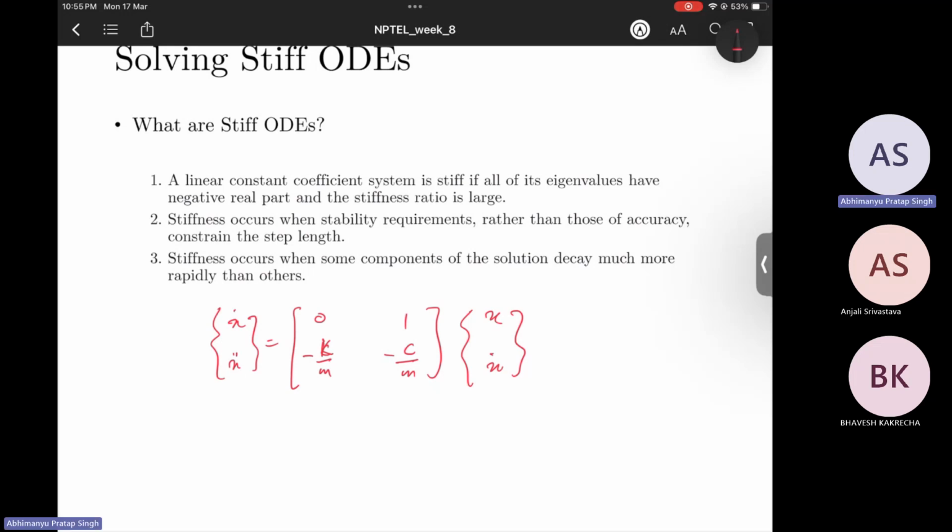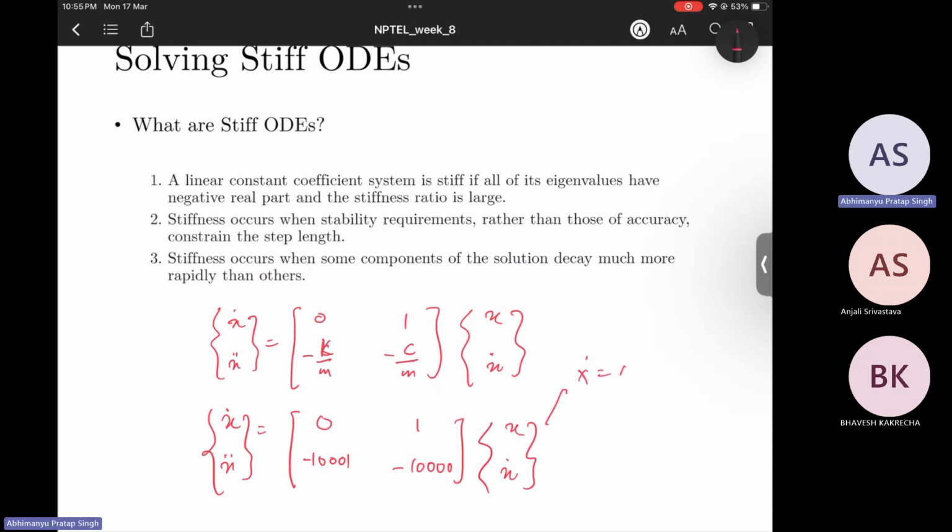For the given values, this matrix is like 0, 1, minus 10,001, and minus 10,000.